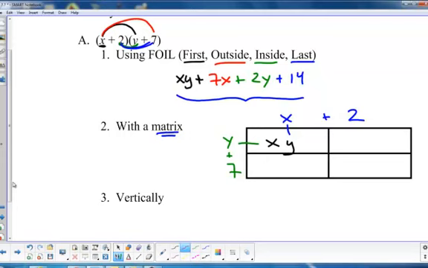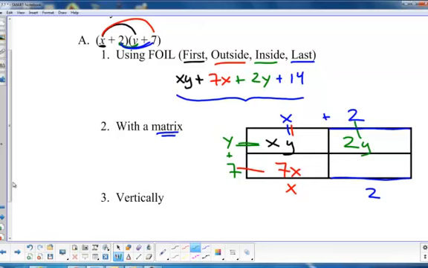And then if I multiply my 2 times my y, I end up with 2y. And then my 7 times my x, I end up with 7x, because this side is also x. And since this side is 2, this side is also 2.